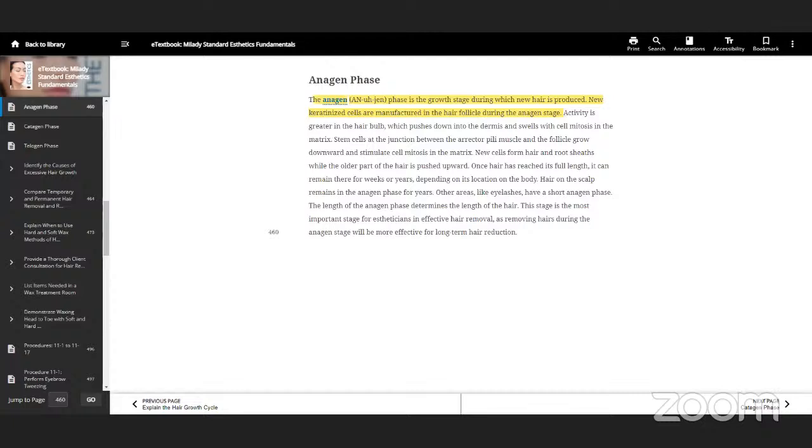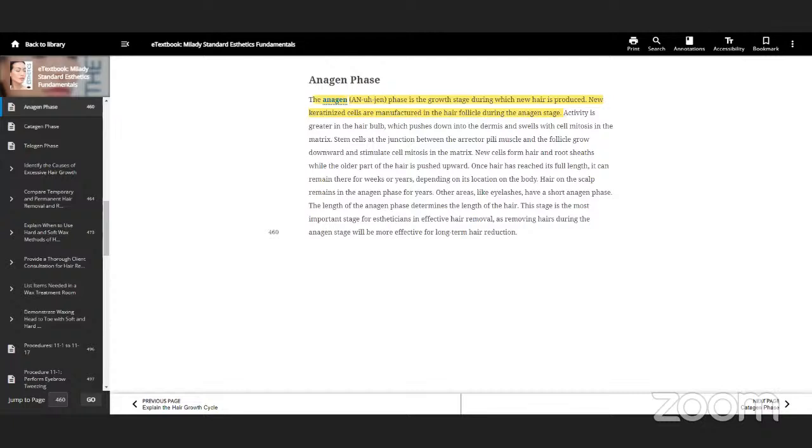We need to know what phase the hair is in before we remove it. Sometimes estheticians may say, hey, we're going to let your hair grow out for about 6 months. A person may have fine hair, and this person still may, in different areas, have vellus hair.